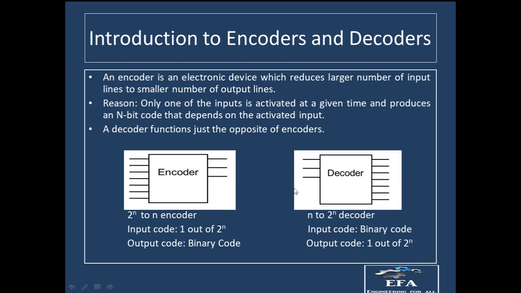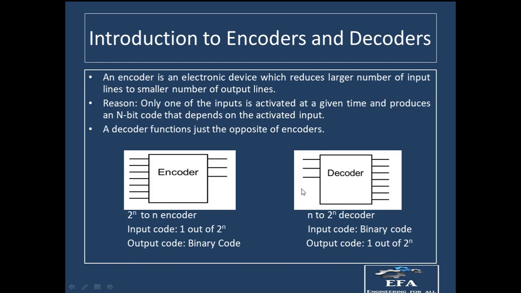When we talk about decoders, what are they? When information is sent from one side to the other through a lesser number of channels, at the receiver end it is first of all decoded.